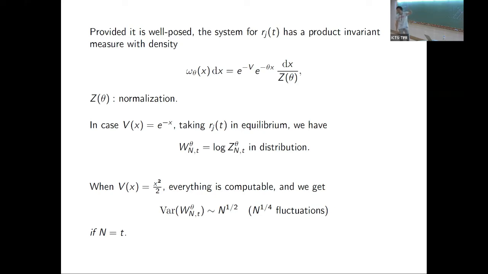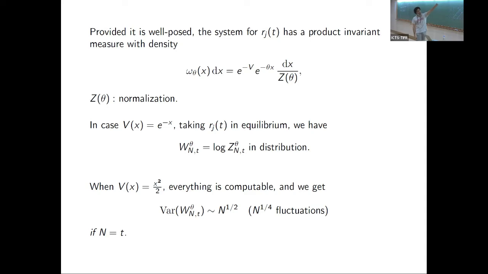Okay, in the case where V is equal to e to the minus x, this is the distribution of log of 1 over X, where X is a gamma distributed random variable, and that reproduces this consequence of O'Connell-Yor's original result.